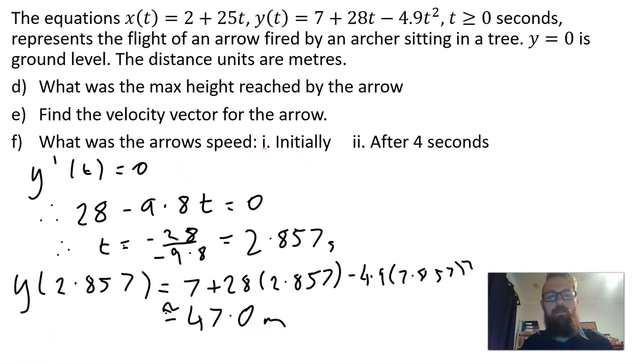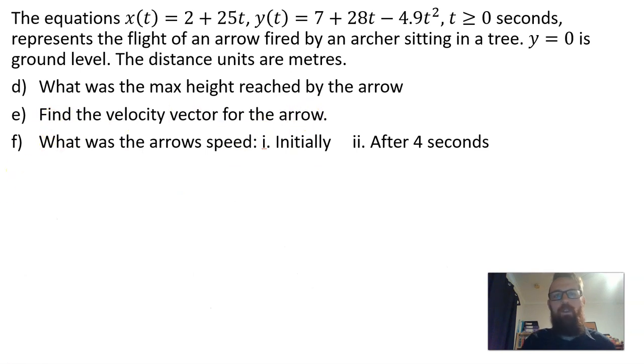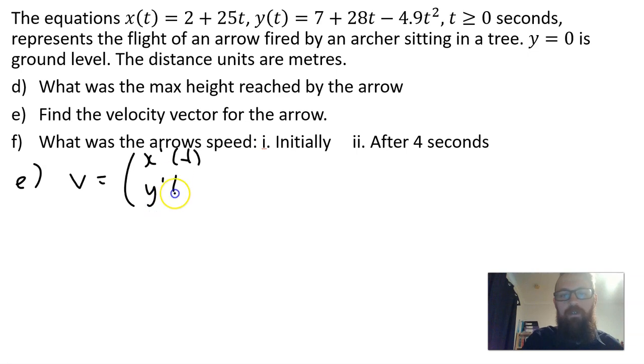Let's have a look at the next one now. So let's find the velocity vector for the arrow. So we're doing part E. The velocity vector for the arrow was equal to x dash of t, y dash of t. So basically we just have to differentiate with respect to t both of these things.